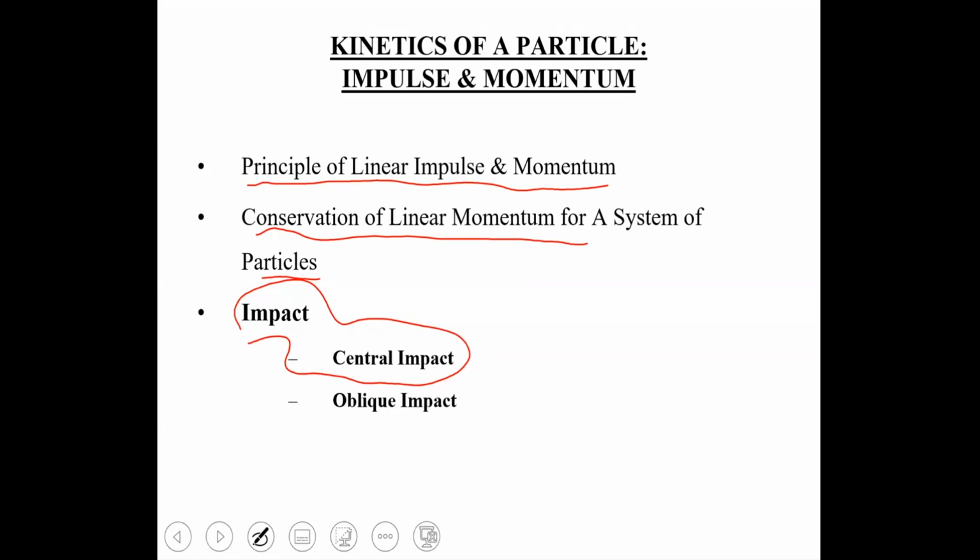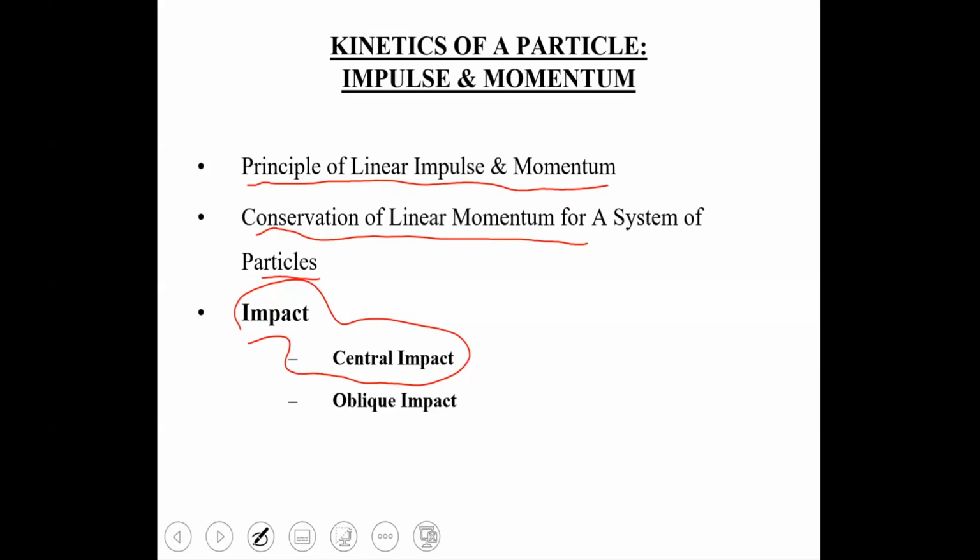Now, as we have already said, this principle is applied when two particles collide or interact, and you need to draw the free body diagram of the system. While drawing it, it should be noted that all those forces which are internal to the system have a net effect of 0 because they occur in equal and opposite collinear pairs as per Newton's third law of motion.